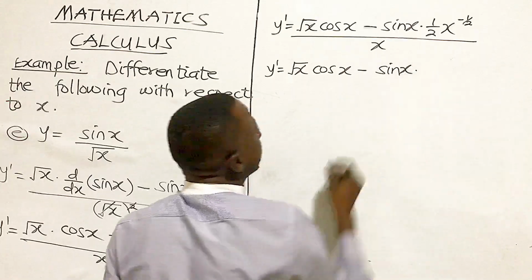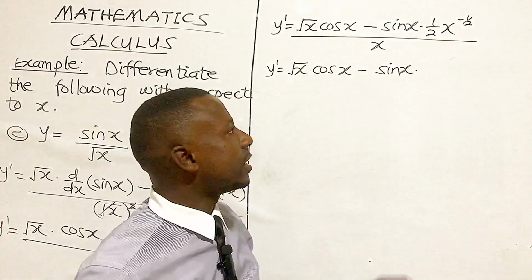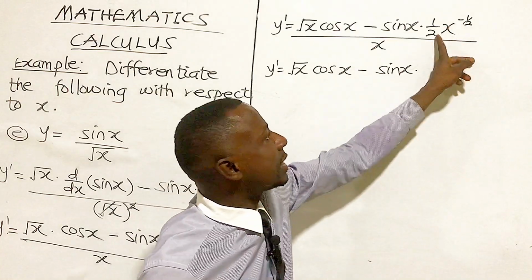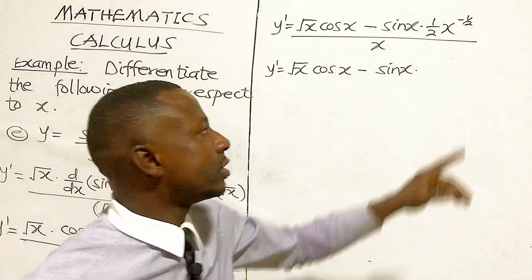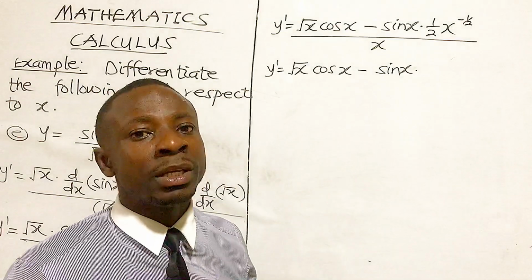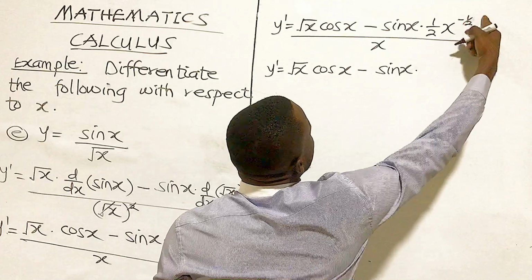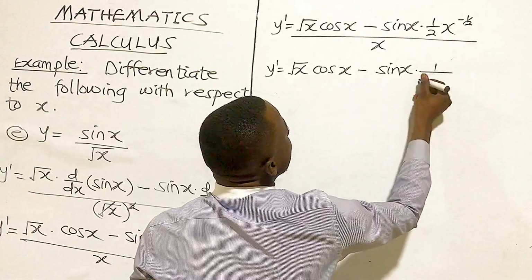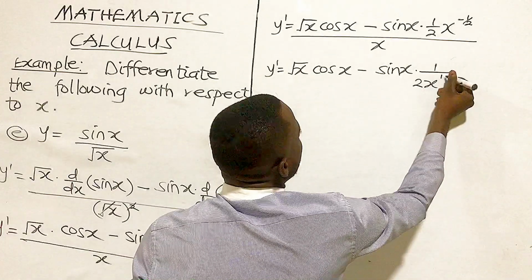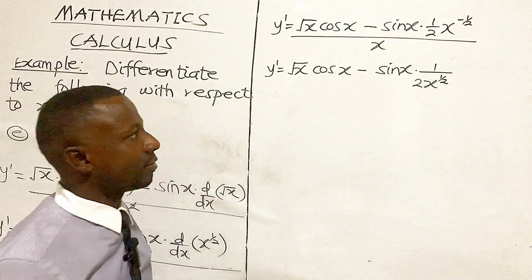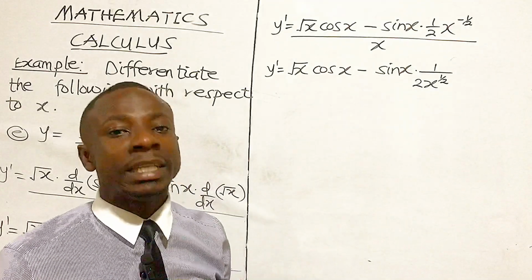sine x multiplying. Because the exponent is negative, then we can bring it down to be a denominator. And the moment we pull it down, the exponent changes to be positive. So 1 over 2x power negative half is the same as 1 over 2x power positive half. This is the same as this from indices.